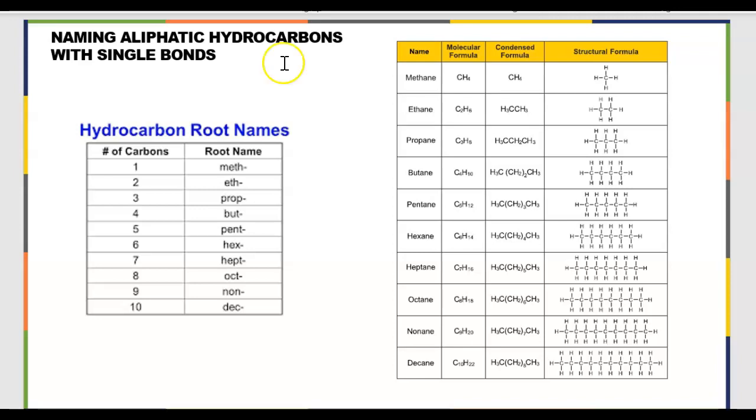And if they have single bonds, as you can see all of the ones on the right have, then we use these root names, but the ending will always be A-N-E. So if you have something called propane, you know that prop means that it has 3 carbons, and the A-N-E ending tells you they're all single bonded.